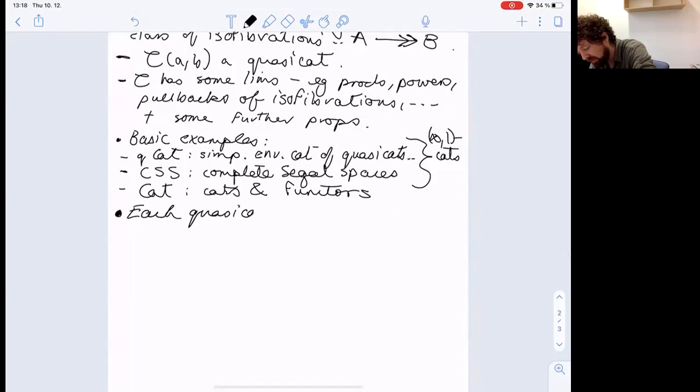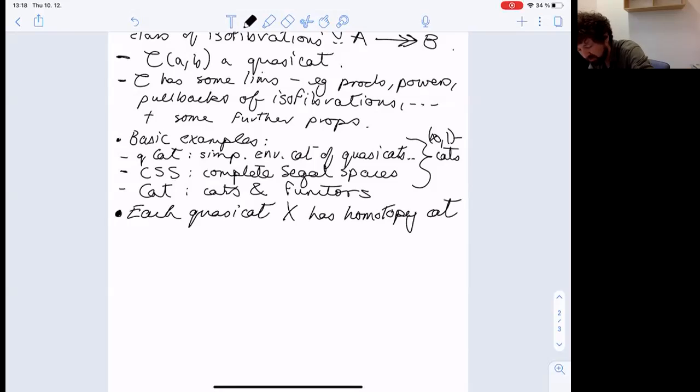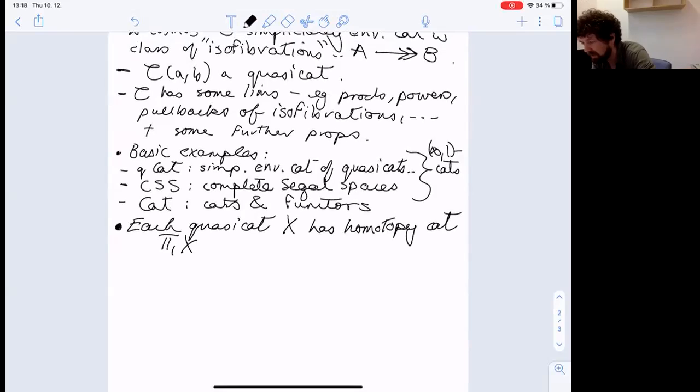That's based on the starting point that each quasi-category, remember we're enriched in quasi-categories, has a homotopy category. The quasi-category is a certain simplicial set with objects and arrows, and we can mod those arrows out by higher dimensional cells, and we get an ordinary category. So we get this homotopy category.